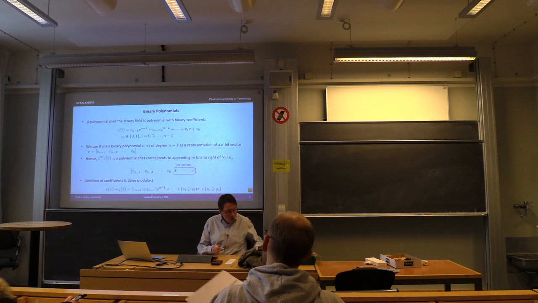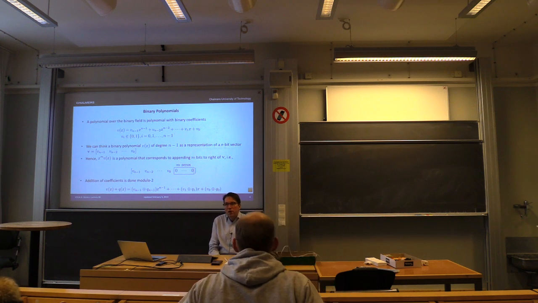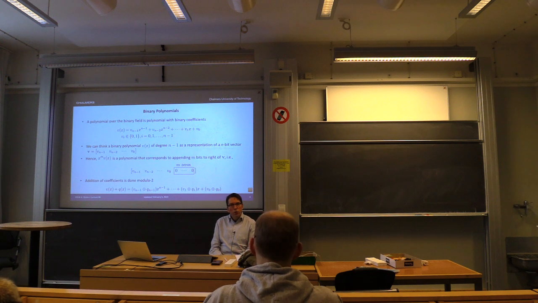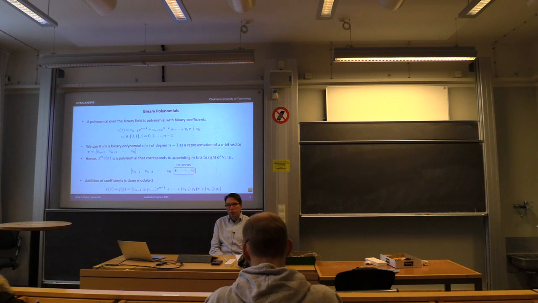Okay. So to talk about CRCs, or cyclic redundancy check codes, these are typically described in terms of division of binary polynomials. A binary polynomial is a polynomial with binary coefficients.